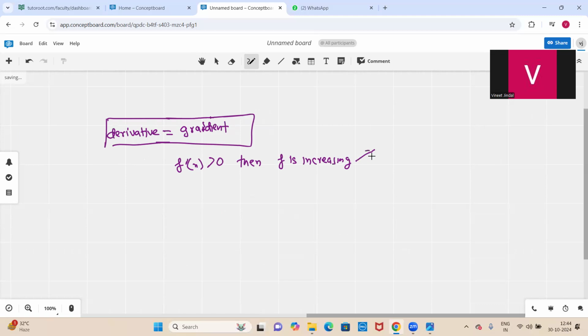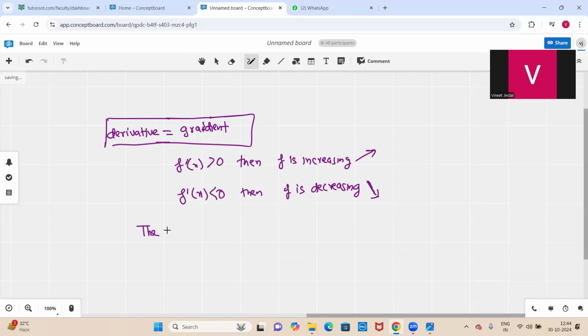It goes up, the slope goes up. And when the derivative is less than 0, then the function is decreasing, it goes down.